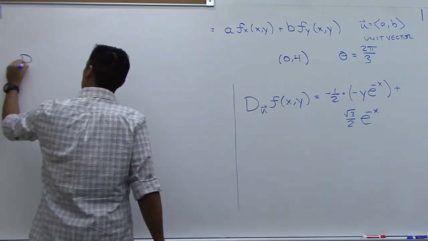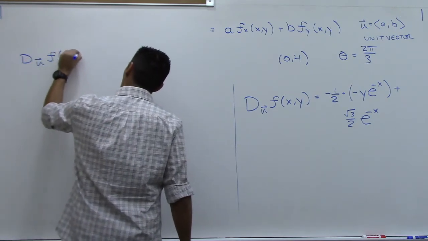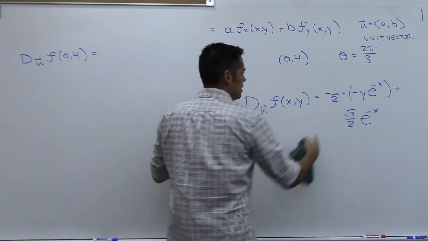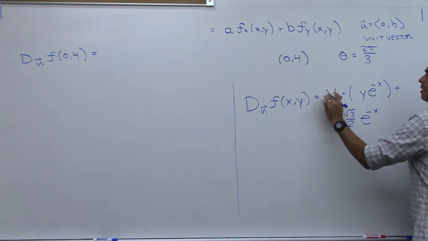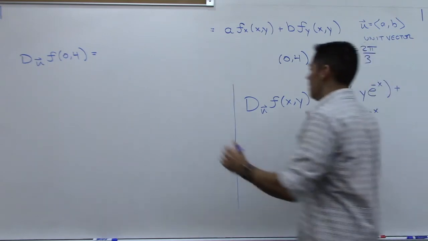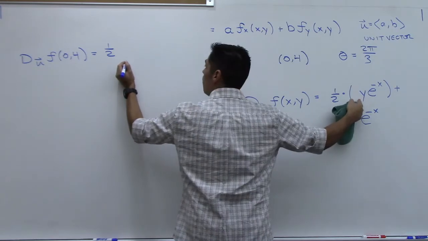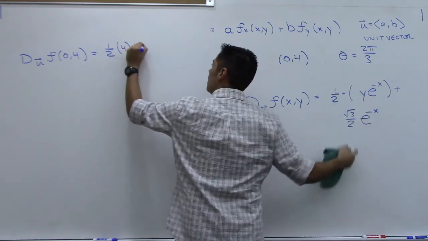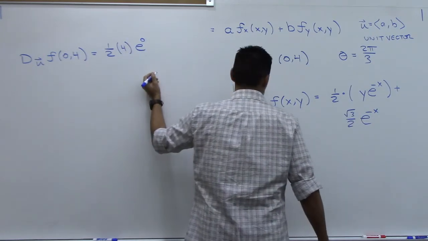So the directional derivative in the direction of u of the function at 0,4 will be equal to, let's see, when I put these two together, this negative and negative become positive, so it won't matter. So I'm going to have 1/2, and then y is 4, so 1/2 of 4, and then e to the -0, but -0 is still 0.